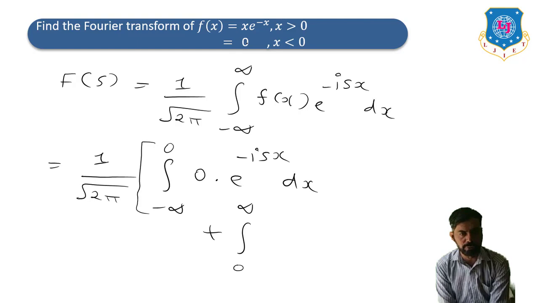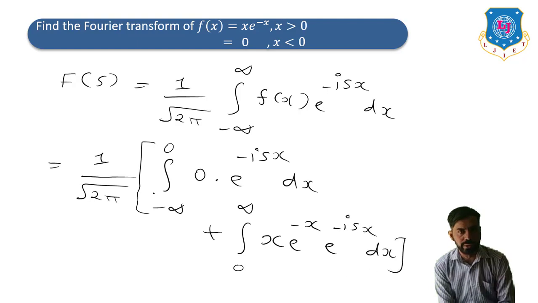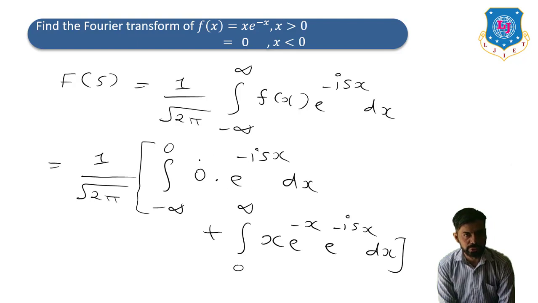The value of function for this limit will be x into e raised to minus x, because the function is x into e raised to minus x for x greater than 0. So f of x is x into e raised to minus x into e raised to minus i s x dx. Here the integration of 0 will be 0.